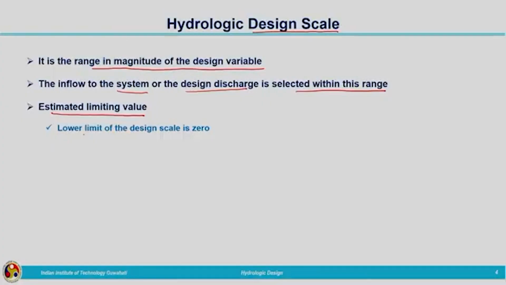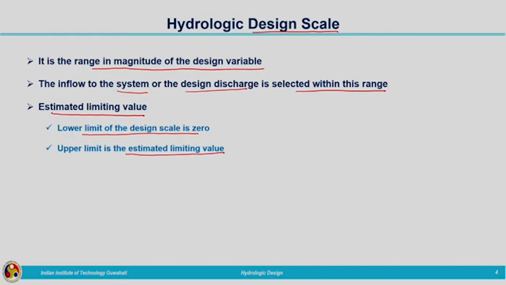But as far as the upper limit is concerned, where should we keep the value? That upper limit can go up to infinity, but based on the infinite value, we cannot carry out the design. So, for that we need to fix an upper limit value. So, the lower limit of the design scale is 0 and the upper limit is the estimated limiting value.